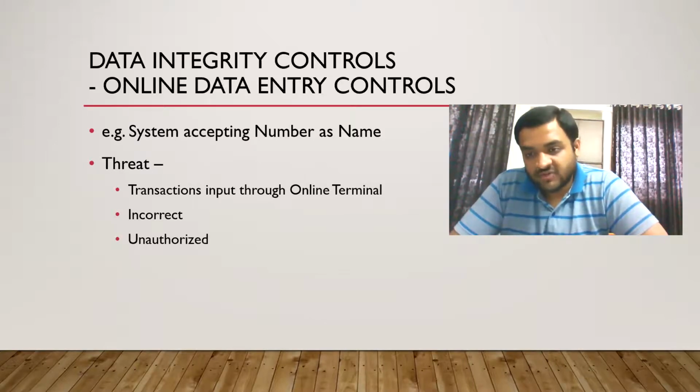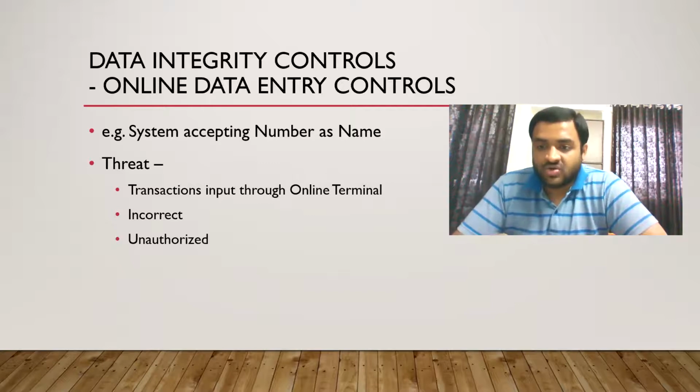See, the wording they have used is online terminal. So this data entry is being done online. A person is not doing data entry. The system is automatically doing the data entry, or an app or website is doing it, for example Google, and it is incorrect or unauthorized.